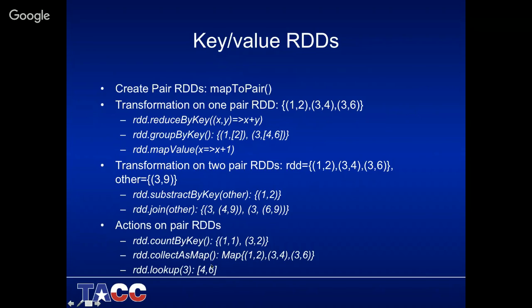And then collectAsMap, pretty straightforward. And also you can use the lookup function to look up the values of a specific key. Just like 3, when you look up 3, it will return the values 4, 4, and 6 from the RDD. So all these functions are actions. When you use these functions in the interactive shell, you return this kind of list of lists.